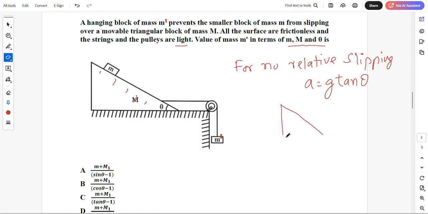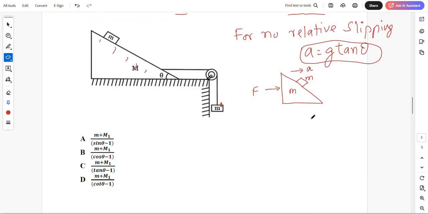If a triangle of mass capital M is there, and a block of small m is kept here, and you apply a force here so that the acceleration is like this, then a is equal to g tan theta for this block not to slip. This we have seen in the previous videos, one problem we have done.